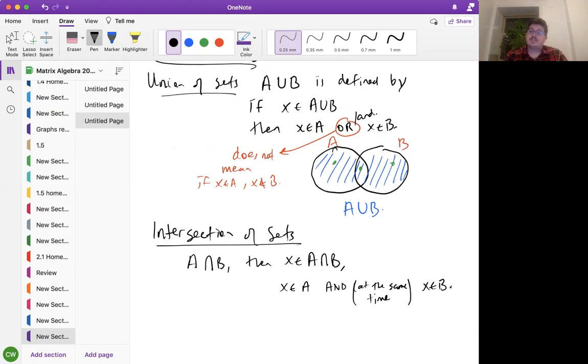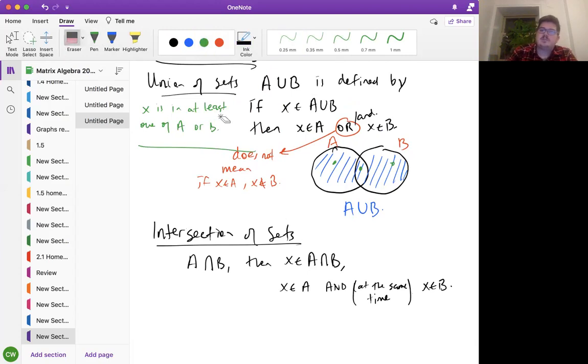When we say or, it means it has to be in at least one of them. Maybe a better way of saying it: X is in at least one of A or B. Is that a more understandable statement?